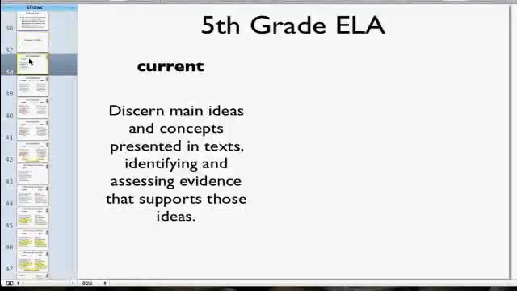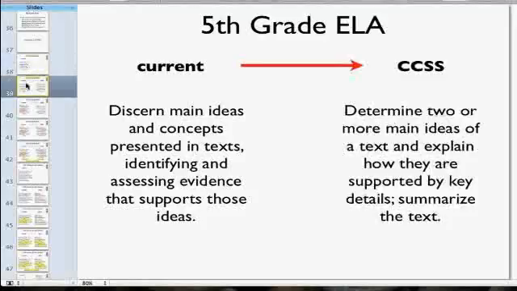So the first, this is a 5th grade, and in my examples for you, I chose some primary, some middle, some elementary standards. So this is a 5th grade English language arts, current English language arts state standard. Discern main ideas, etc. So the comparable standard in the Common Core is this.